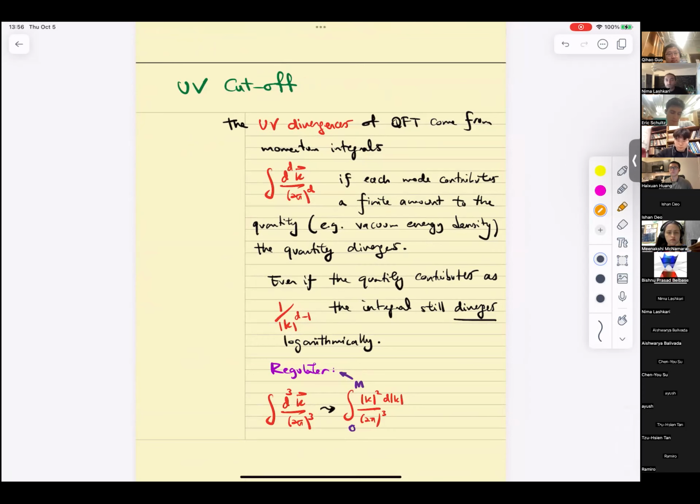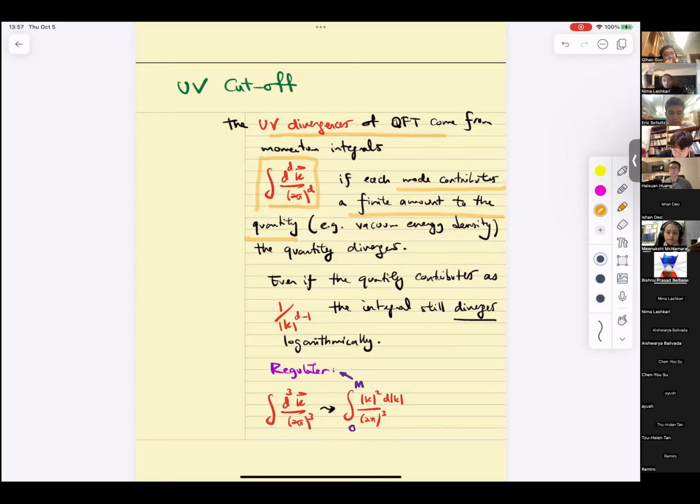These are UV divergences. The UV divergences of quantum field theory come from momentum integrals. They come from the fact that you have these types of integrals over spatial momentum. And if each mode contributes a finite amount to the quantity you're calculating, for example, vacuum energy, this quantity diverges. In fact, it doesn't have to contribute a fixed amount.